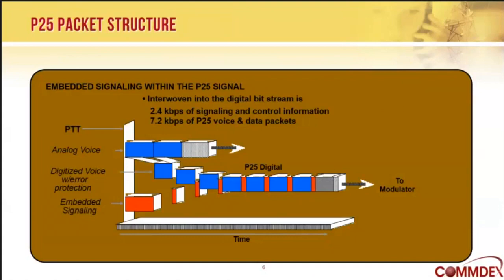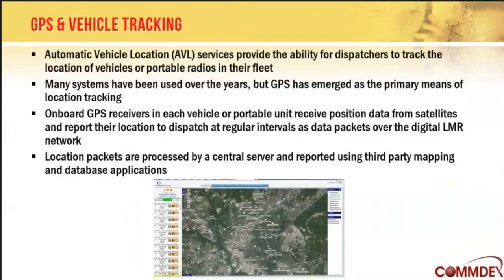Okay. So the next thing is GPS and vehicle tracking. So originally, vehicle tracking came way before GPS. They had different means to track vehicles using fixed signposts and using Loran signals or other type of signals that were out there.